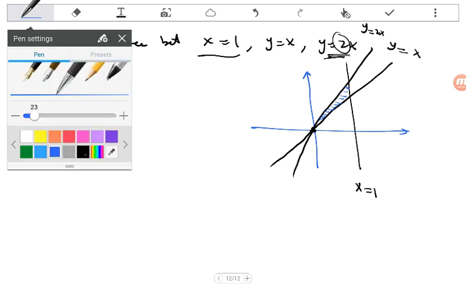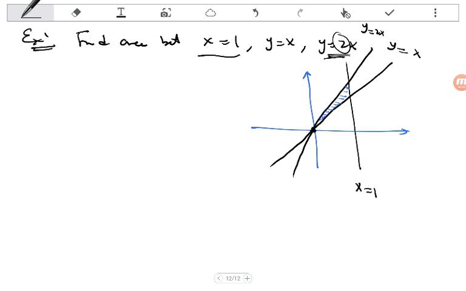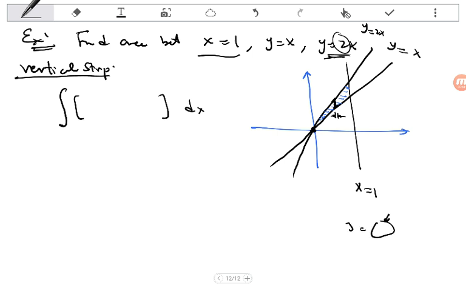Now I will solve this problem in two methods. First, by a vertical strip. With a vertical strip, I just make the integral of the above curve minus the below curve. For the vertical strip, the base will be dx, so I need here functions of x. Any curve, I would express y as a function of x, all the x's on one side.